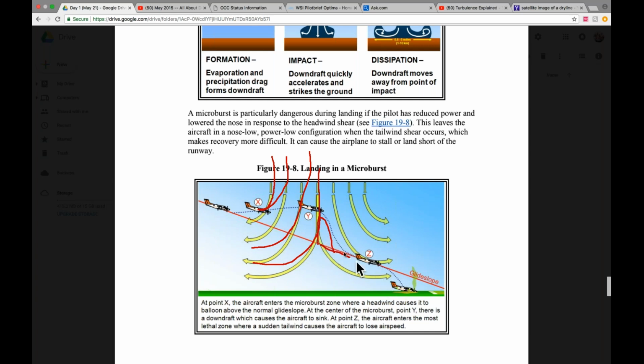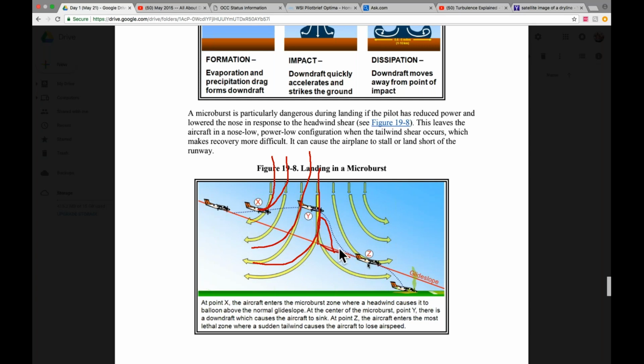What happens is a tailwind will actually push the aircraft down into the ground faster. It requires more thrust to overcome the tailwind than it does in a headwind. Okay, so it's actually taking lift away from your wings.